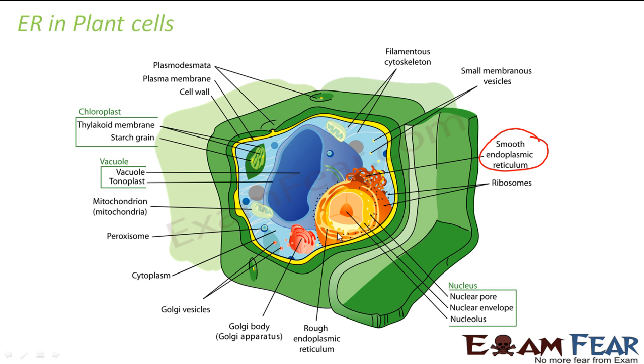So it is somewhere here, where you see you have got these dotted structures. So this is rough endoplasmic reticulum, and outside the rough endoplasmic reticulum somewhere you have the smooth endoplasmic reticulum. So endoplasmic reticulum is located nearby to nucleus. It is not far away from the nucleus.